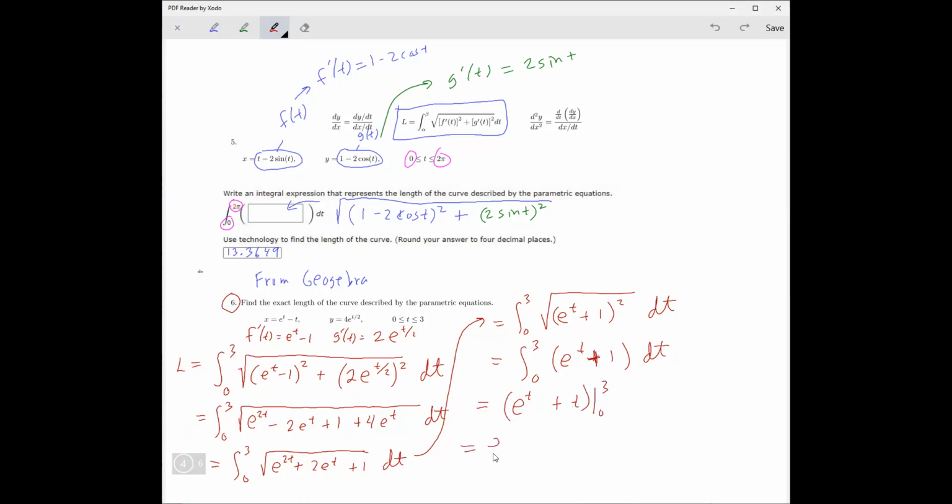So I plug the 3 in first. So e cubed plus 3 minus e to the 0 plus 0. And e to the 0 is 1, and that's 0. So it's e cubed plus 2. That would be the answer.